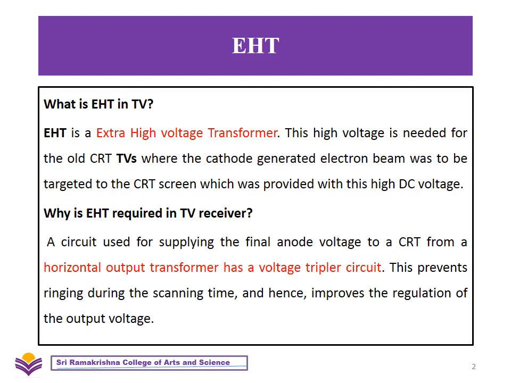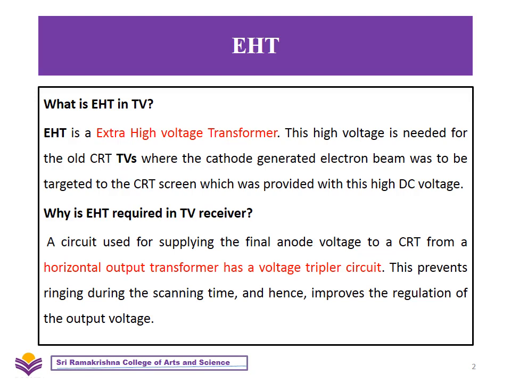That output is fed as an input to the horizontal oscillator. The horizontal oscillator works at a frequency of 15,625 Hz, which will convert the spike pulse into a sawtooth wave. That sawtooth wave frequency is around 15,625 Hz. That is given as an input to the horizontal deflection amplifier.